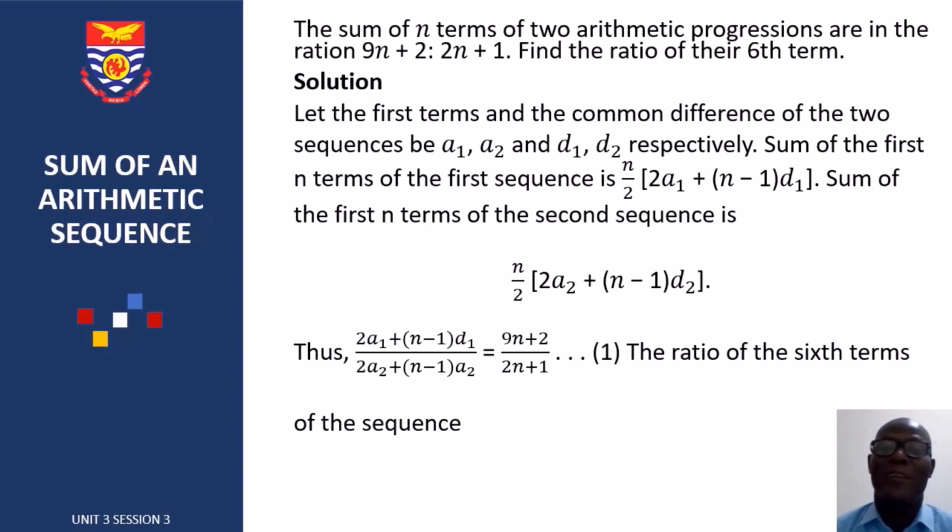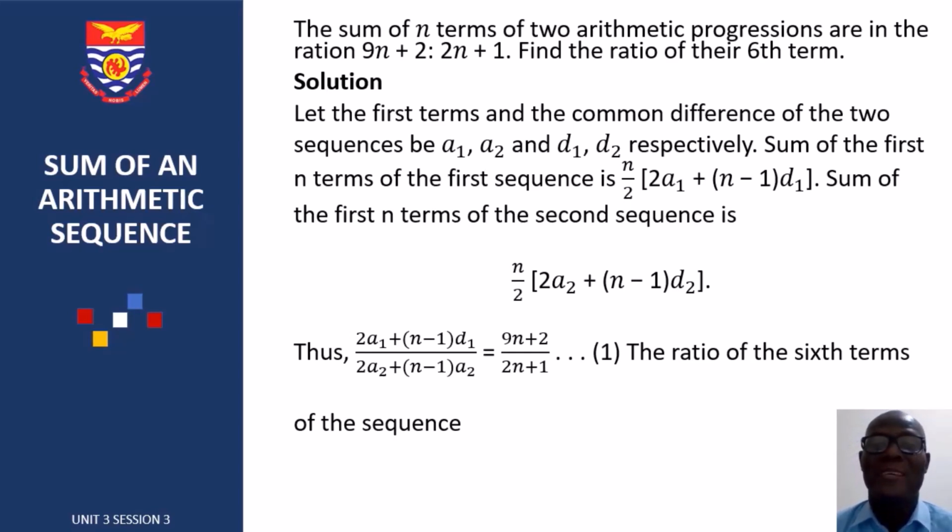Now, for us to find the ratio of their sixth term, we must know that we are given two different sequences. So to find the sum of the first sequence, we let a subscript 1 be the first term of the first sequence. And for the second sequence, we let a subscript 2 be the first term.